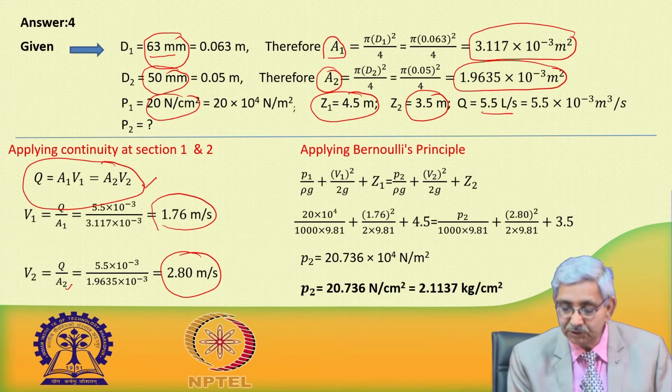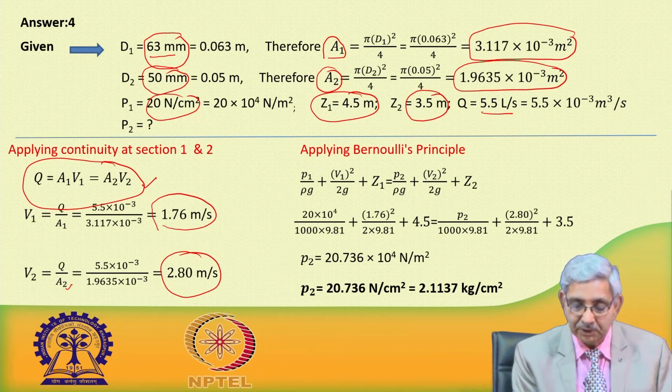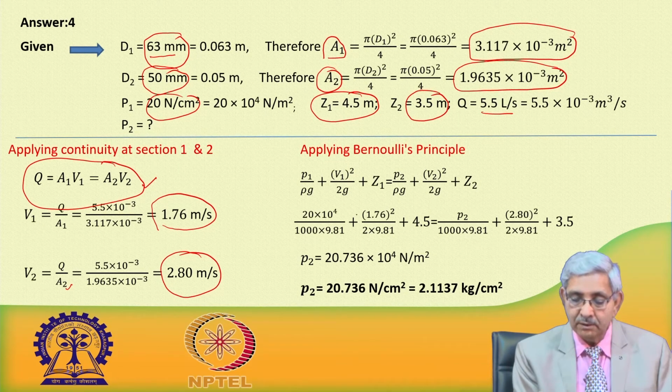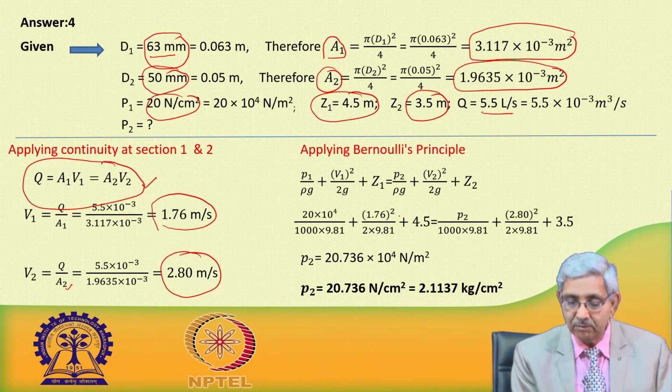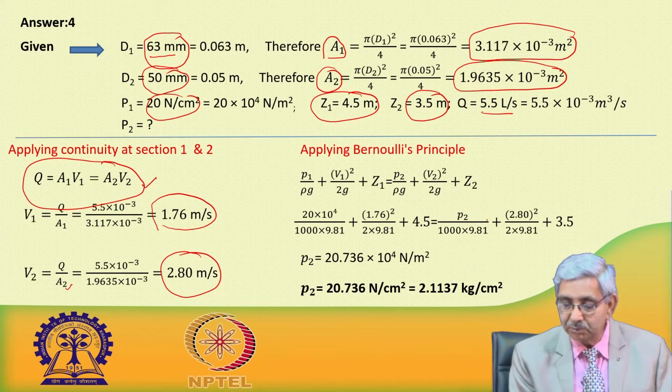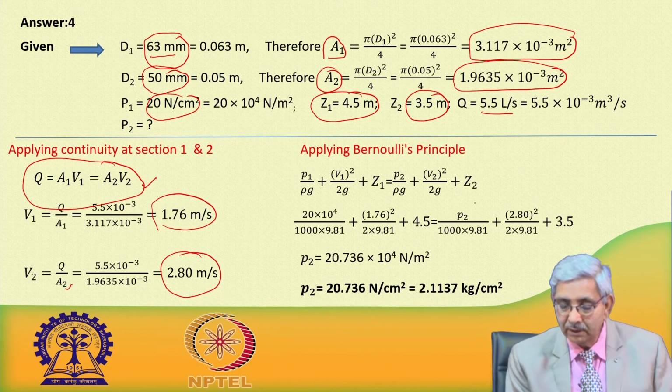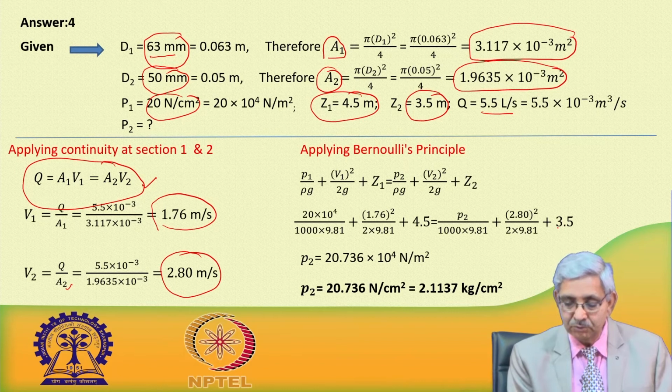So, having substituted the values of pressure head that is already given, and the velocity we have calculated, we substitute the velocity head and the elevation head. Except P2, all the parameters on the right hand side of the equation are known to us.